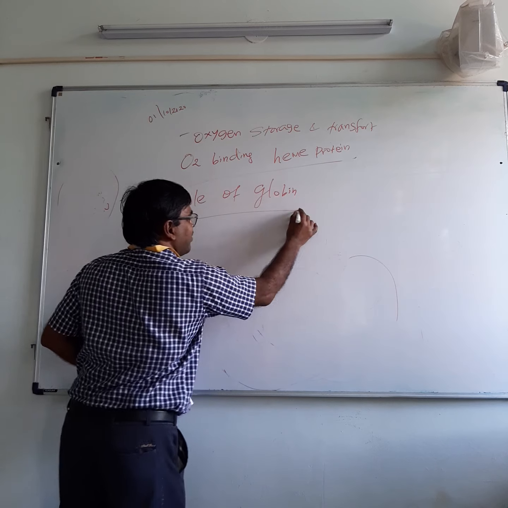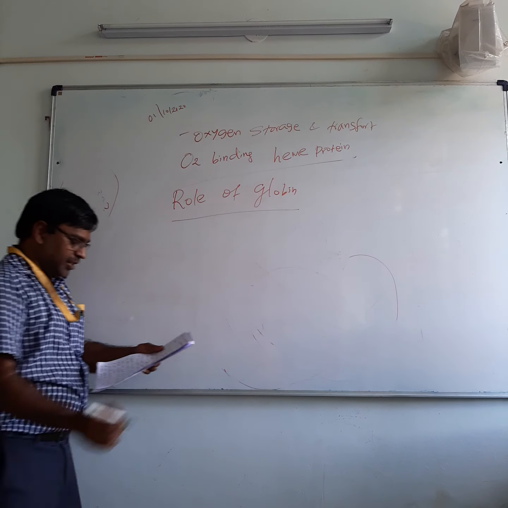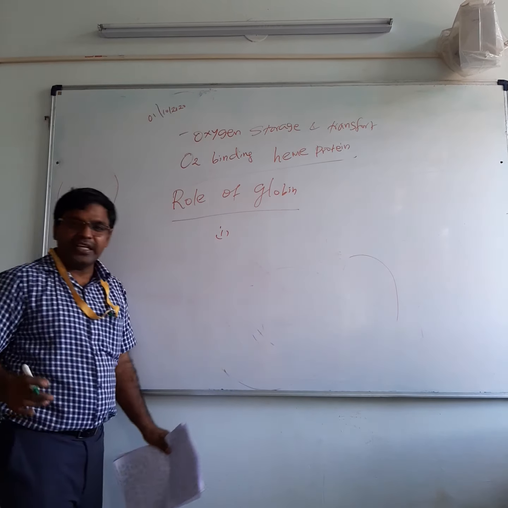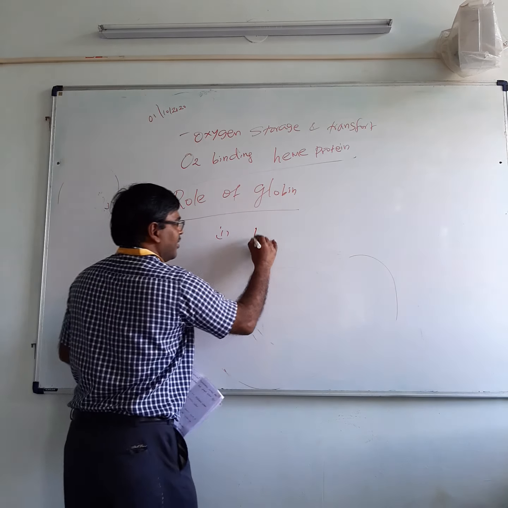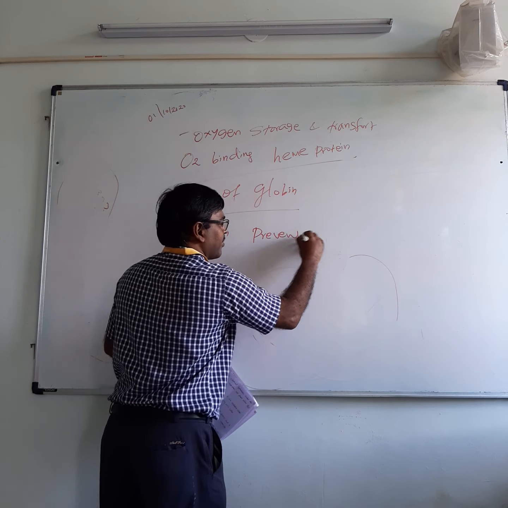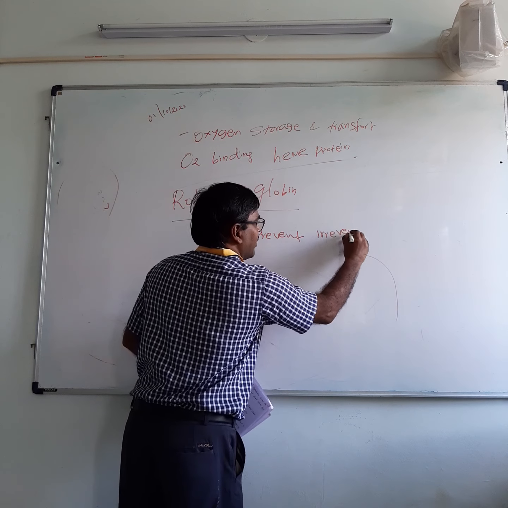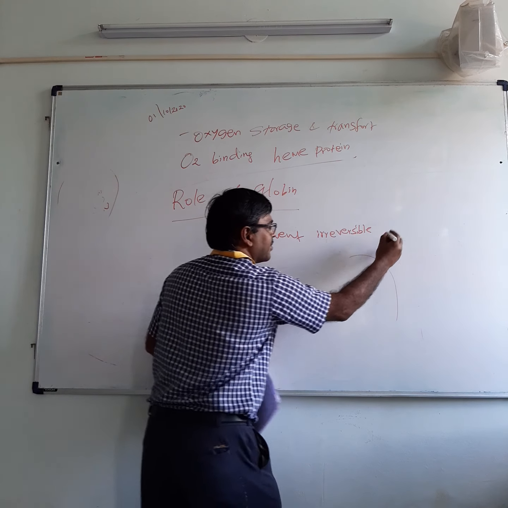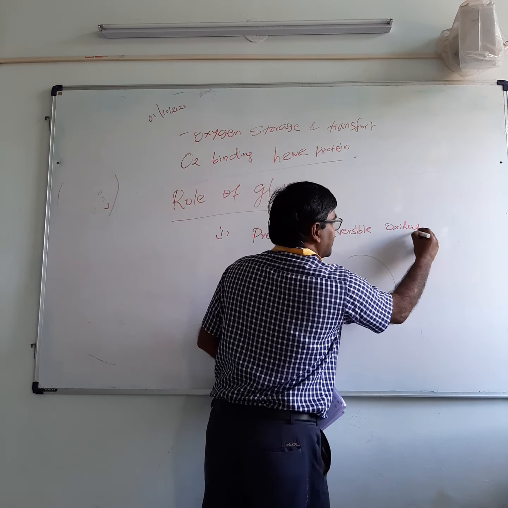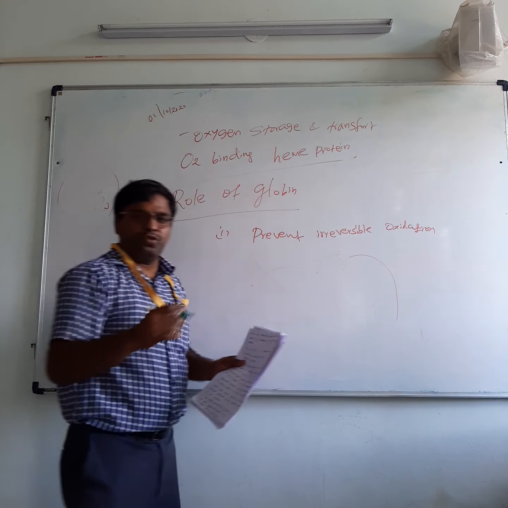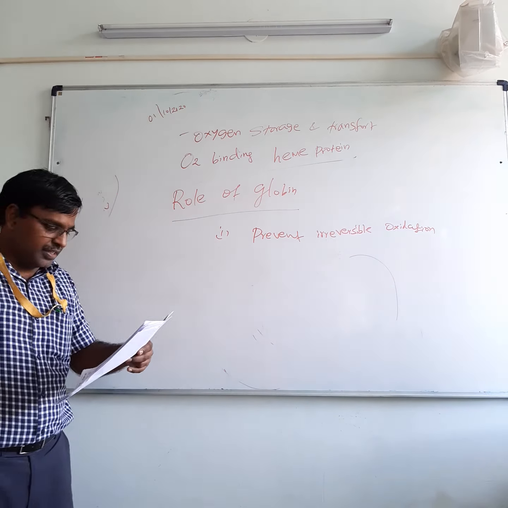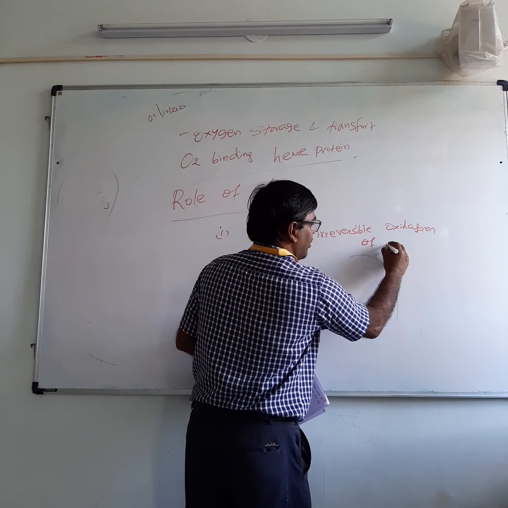What is the role of globin? Okay, one is it prevents the irreversible oxidation. See, once iron is 3+, it cannot be useful. So it prevents the irreversible oxidation of iron 2+ by oxygen.